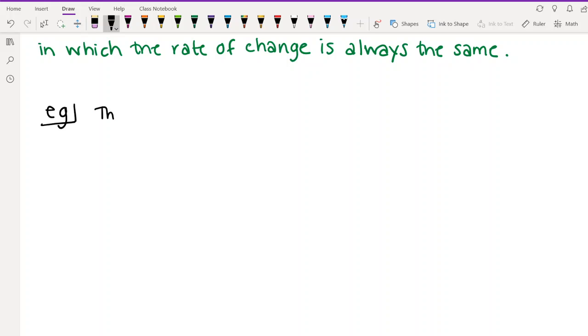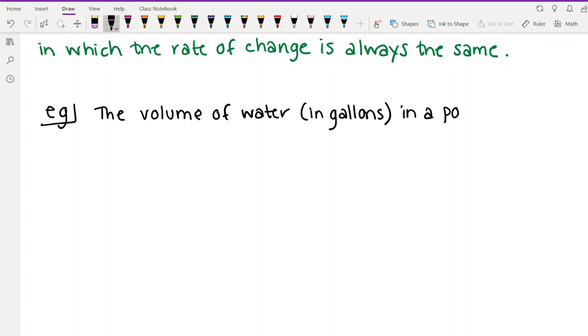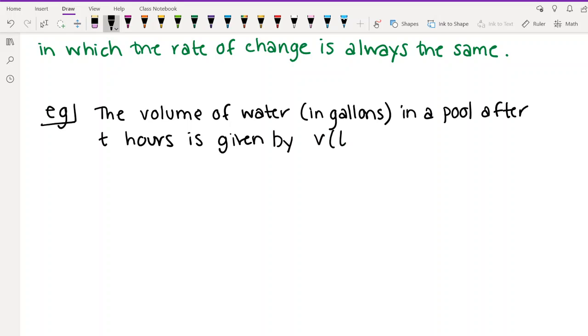So suppose that the volume of water, so volume is like a three-dimensional measurement, and we're measuring that water in gallons in a pool after t hours is given by the following function. So let's say V of t is equal to 5t plus 200.